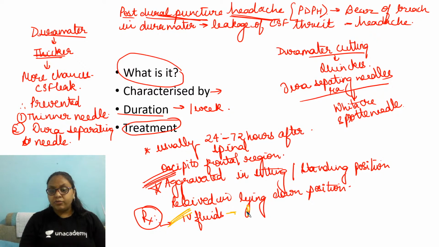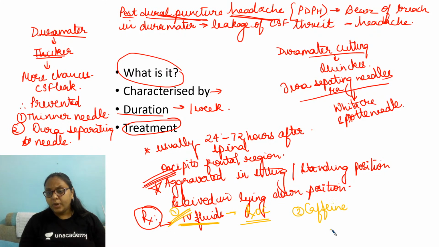In fact, the treatment of choice, if it is asked, is IV fluids. The other things that you can do is you can give caffeine to the patient, you can give NSAIDs, but the first and foremost thing is you should give IV fluids to the patient.